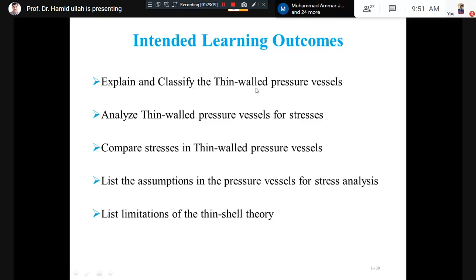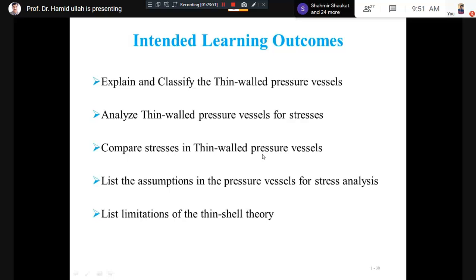Then you should be able to analyze thin wall pressure vessels to determine the stresses produced in the vessel as a result of the external load acting on it. And then you will be expected to compare the stresses: which one is more, which one is less, and what is the relation between the stresses produced in this pressure vessel.